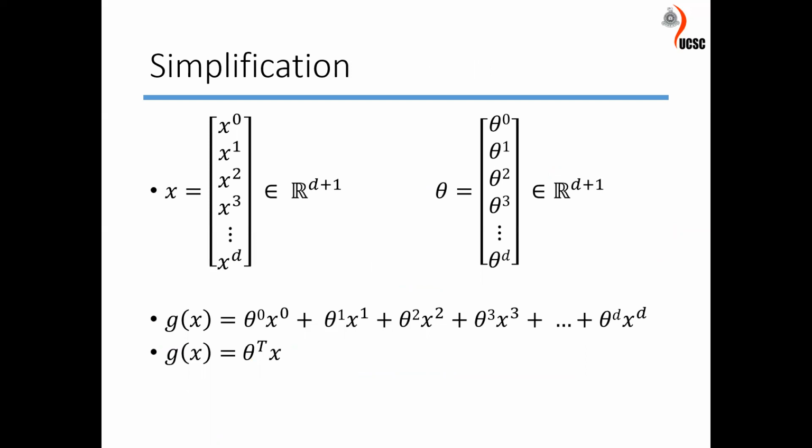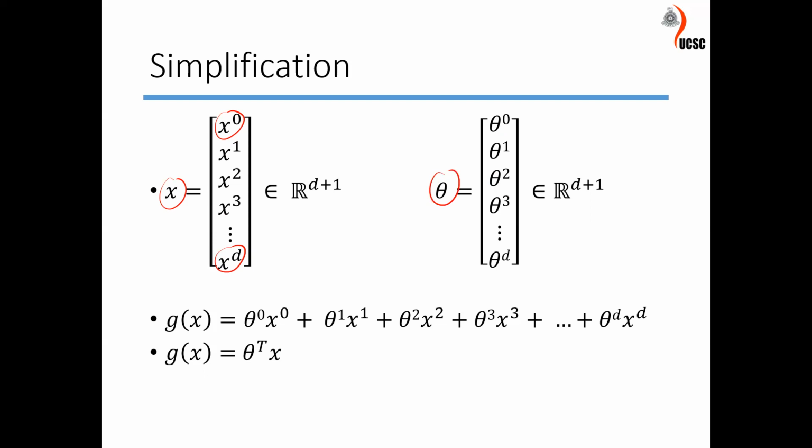As I said before, these data points are vectors. Here it starts from x naught and goes up to xd. So this is our vector x. Then this is our parameter vector.